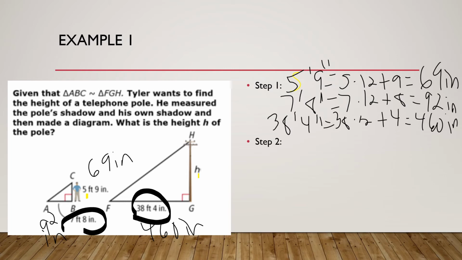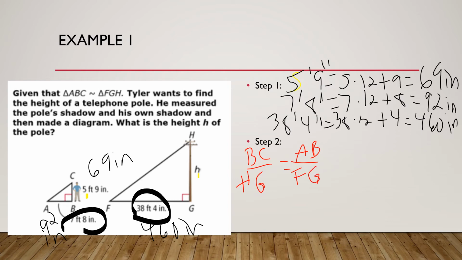So now we're going to set up our proportion. We could start with the height of the man, which is BC, to the height of the flagpole, which is HG. And then we want to start with the man again, so his shadow is AB, which means then we would do the shadow of the flagpole, which is FG.